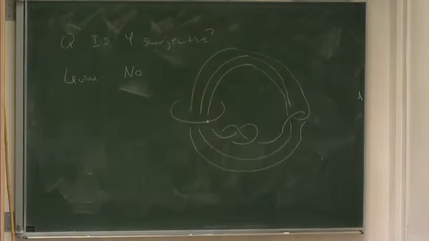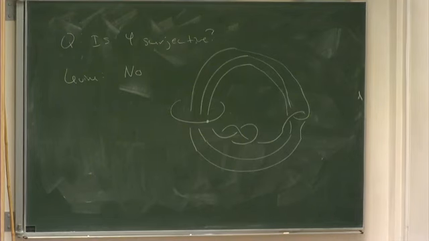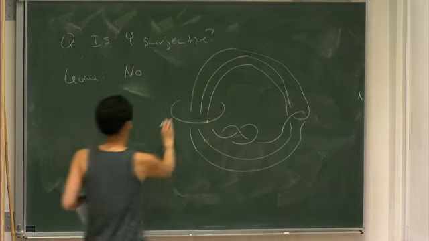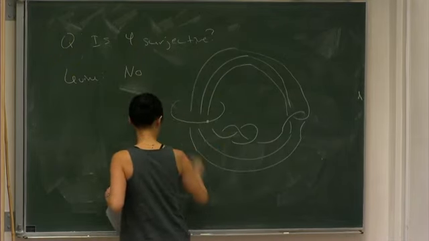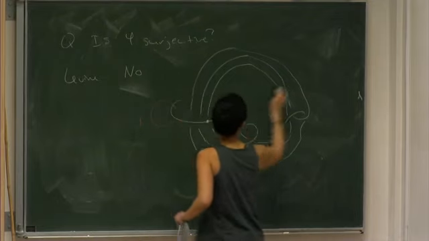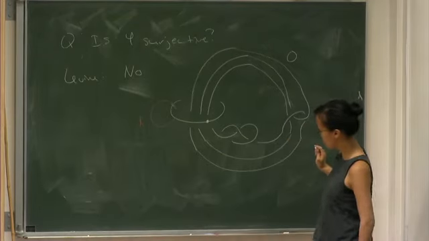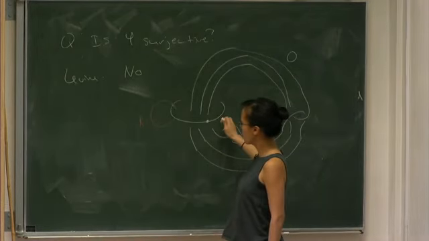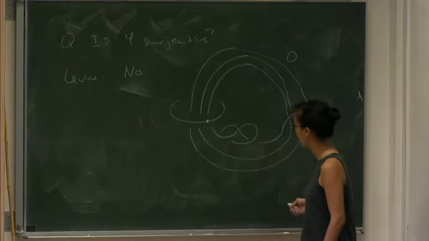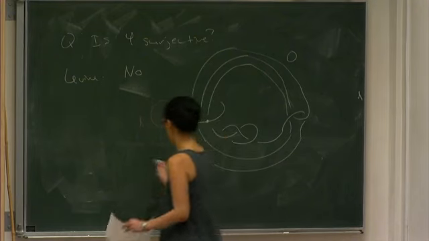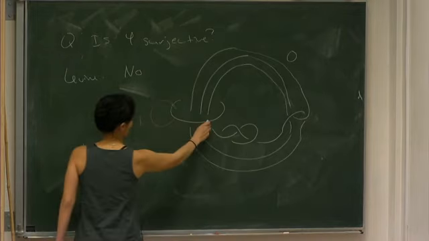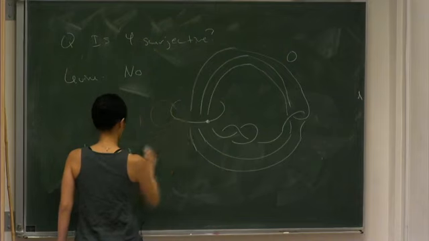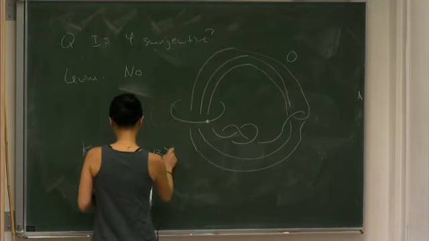If you do zero surgery along both of these white components and look at the image of K in that manifold, K in Y, where Y is the boundary, you can check Y is the boundary of an integer homology ball.